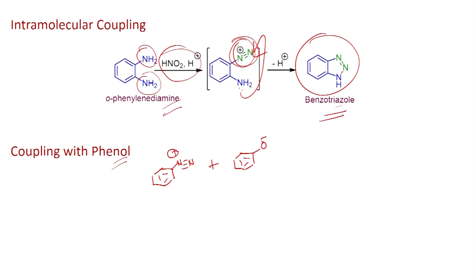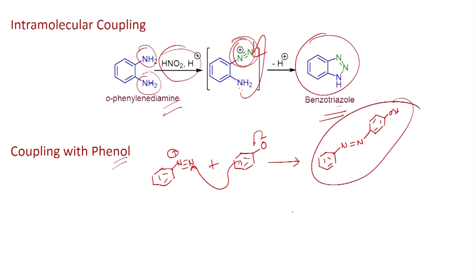If you have the phenol and basic conditions, then you will be able to undergo addition reaction to get this diazo compound as the product.